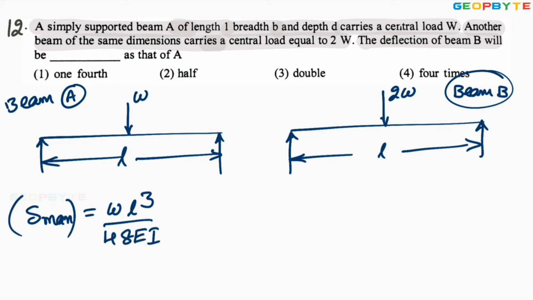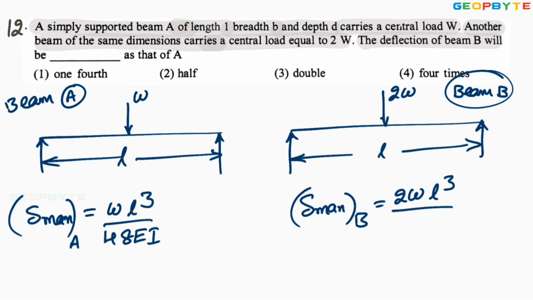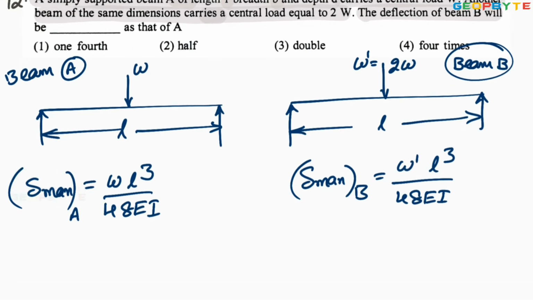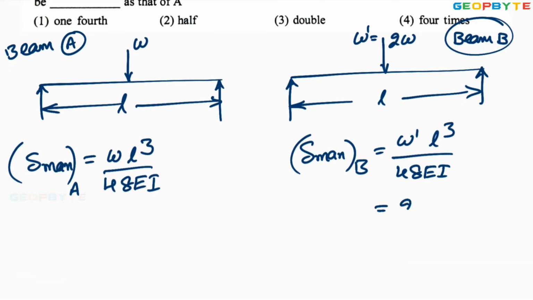This is the maximum deflection for the case A. Maximum deflection for the case B, your load is 2W: 2W into L cube by 48 EI. Otherwise, let W dash be the load in the second case. But W dash equal to what? 2W. 2W L cube by 48 EI.